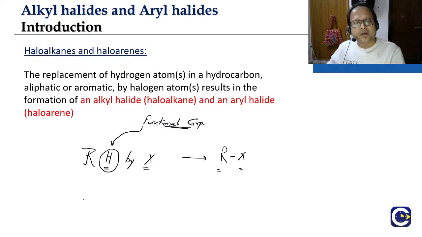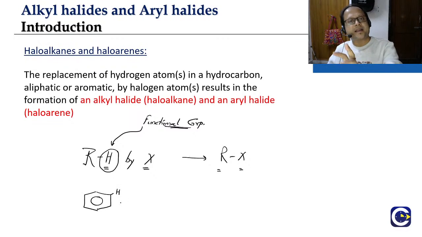Same goes for your aromatic system also, right? So in the aromatic system, that is, systems containing benzene, C6H6, it has 6 hydrogens. We are just highlighting one hydrogen here. Now replace this hydrogen again by some halogen atom, right?